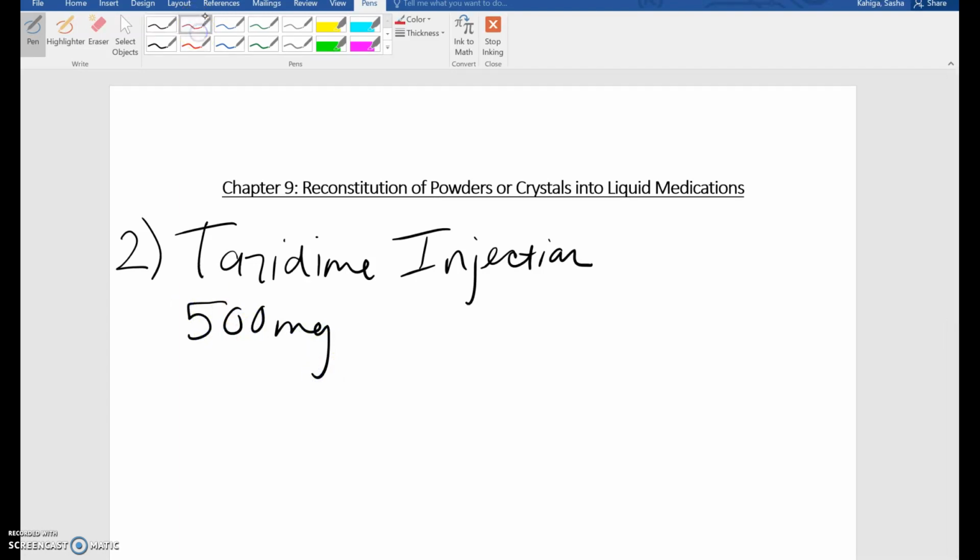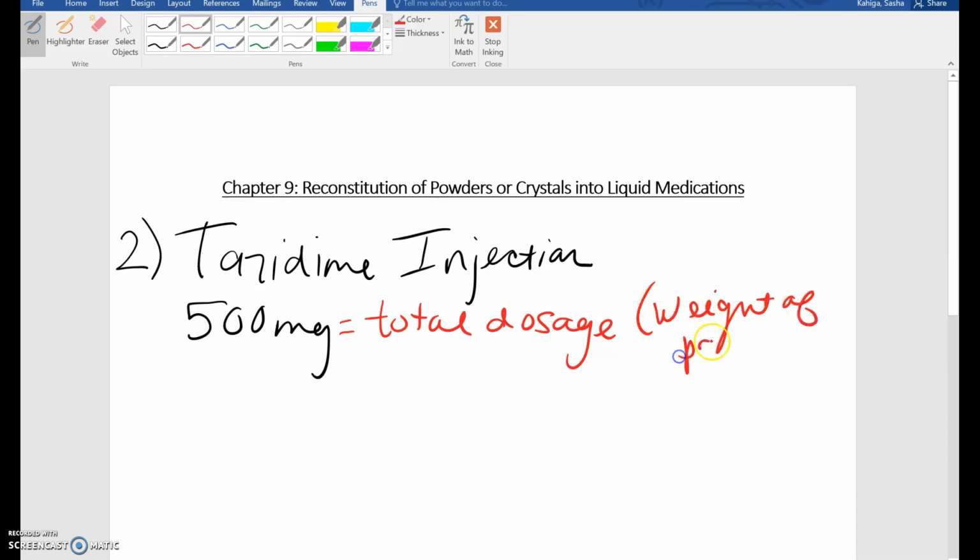All right. Well, that 500 milligrams is identifying the total dosage or the weight of powder. This is how much the powder weighs, 500 milligrams. Well, if you read to the left of the label, it says it's for IM or IV usage. For IV solution, dilute with at least 5 milliliters of sterile water for injection.